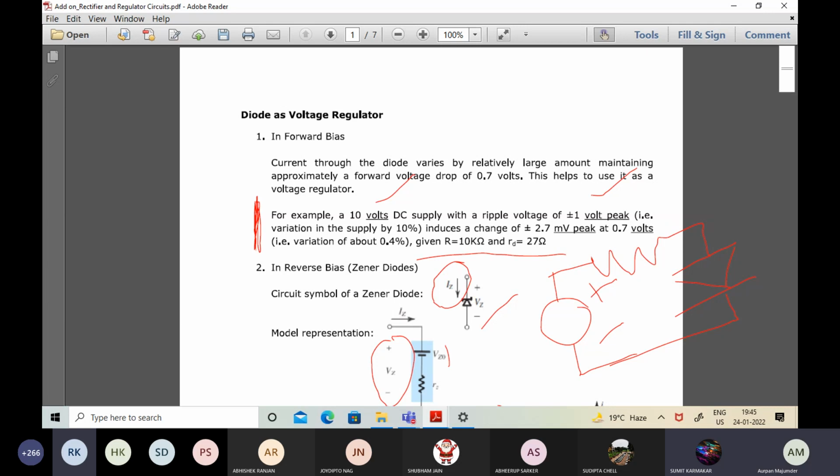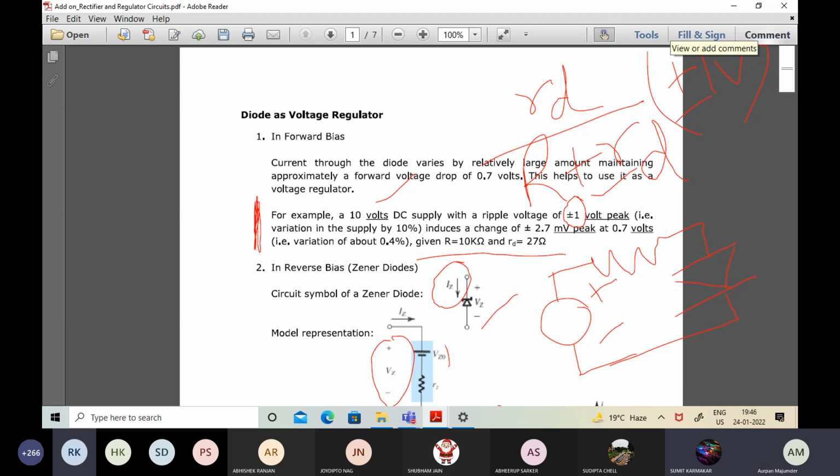The value is RD divided by R plus RD, into plus minus 1 volt, depending on which zone it is conducting. Just multiply that, and it will give you the idea about the level of variation encountered across the diode, because that is the ultimate story.